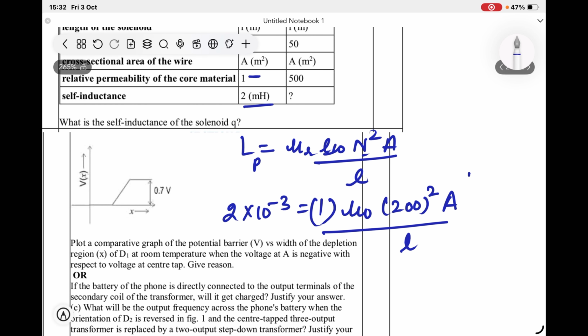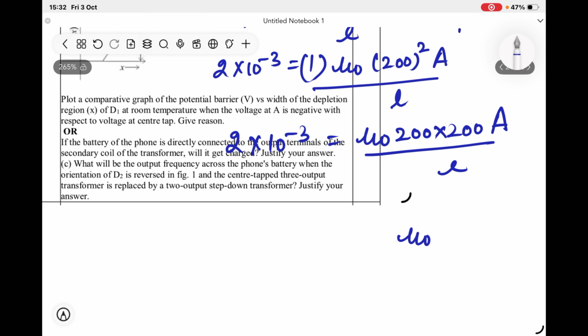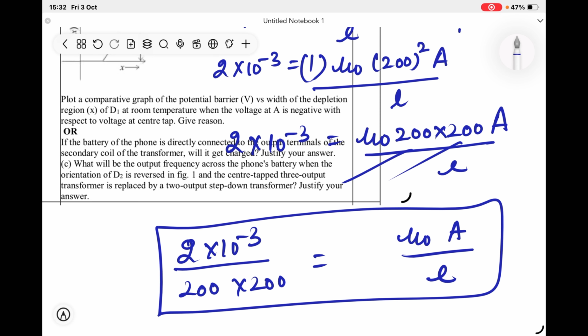So you are ready with 2 into 10 to the power minus 3 equals mu naught, 200 into 200, and then A by L. So please be ready with mu naught A by L. You can take 2 into 10 to the power minus 3 this side and this will go downwards, over 200 into 200. This we are ready with.